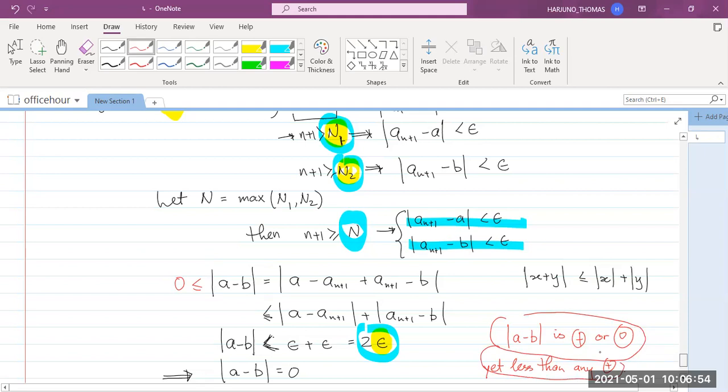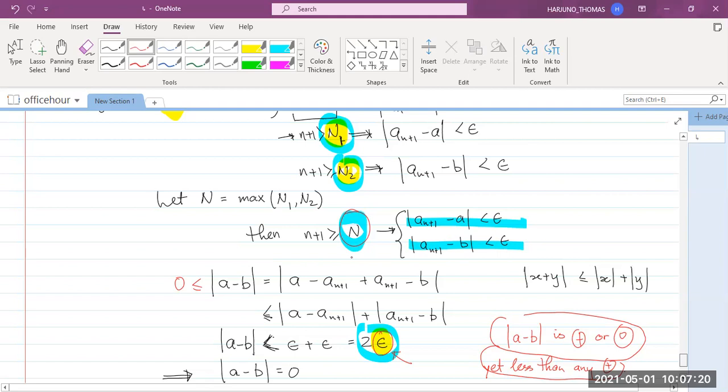Why is it less than any positive number? Well, because it's for every positive epsilon. You choose your epsilon. If it's not small enough, make it even smaller. But every time you make it smaller, I can always find that N. Maybe a different N from time to time. If you choose your epsilon 1/2, my N is 100.